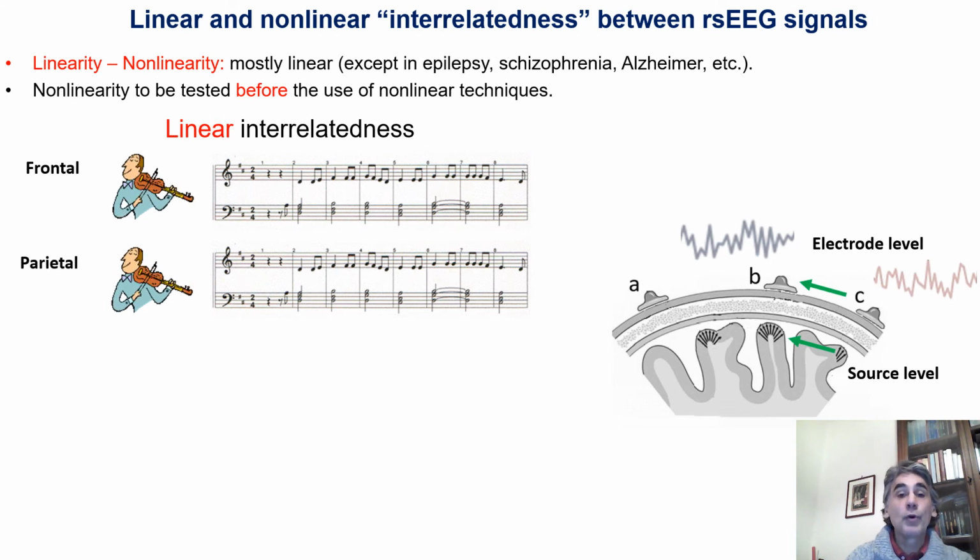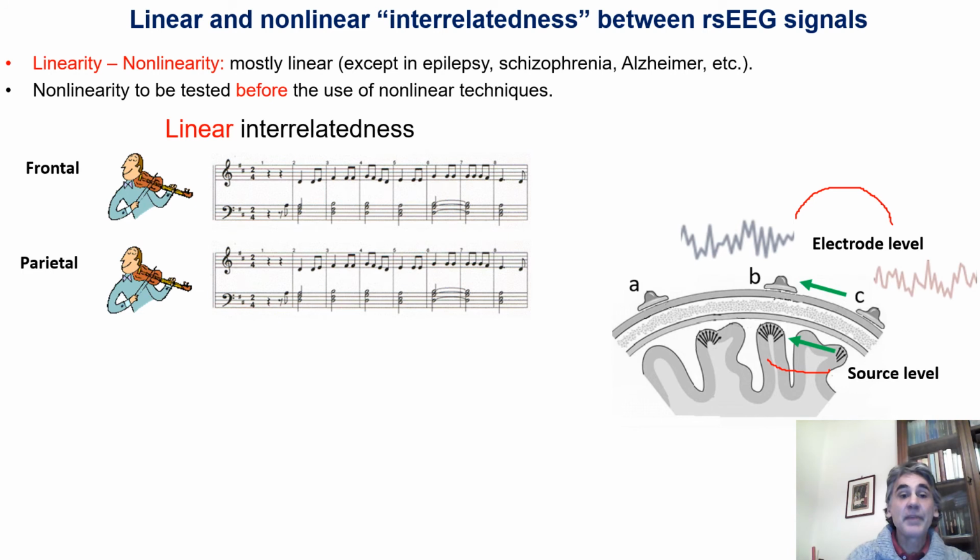The workgroup also tackled the issue of functional connectivity of EEG activity. In the picture, you see that this kind of technique can estimate the interdependence of two EEG signals at the scalp level, or can estimate the connectivity between cortical sources of EEG activity.